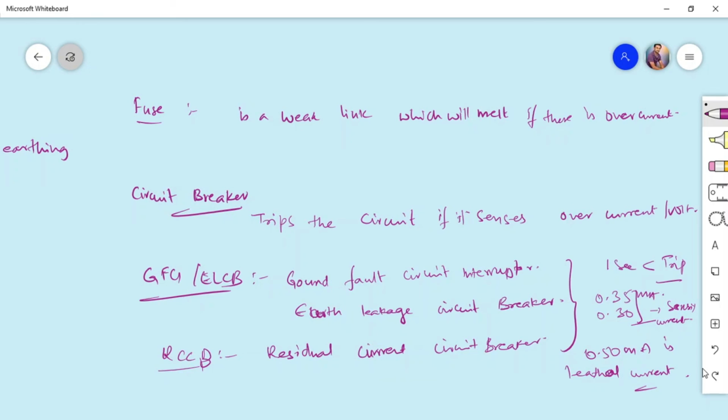Up to a certain voltage, you will be able to free yourself from that connection. That is called the let-go voltage. If the voltage is more than that, you will not be able to leave and will hold on to the wire. So the let-go current is also important. Just go through it and try to get some information on it.